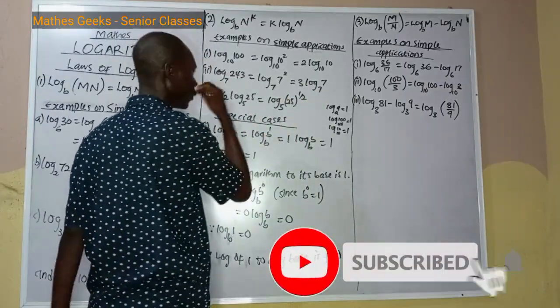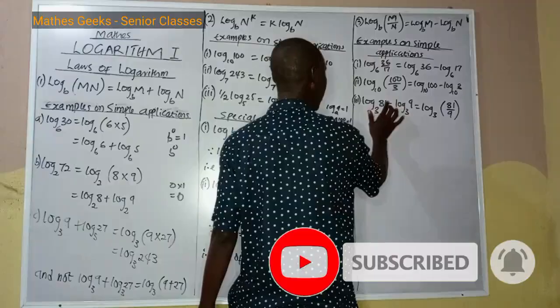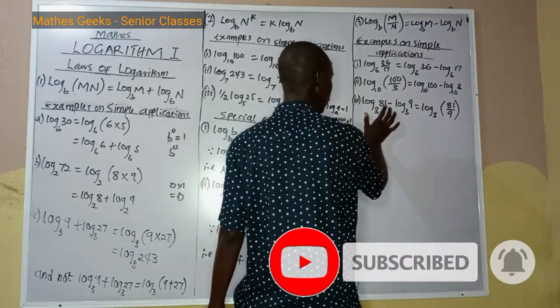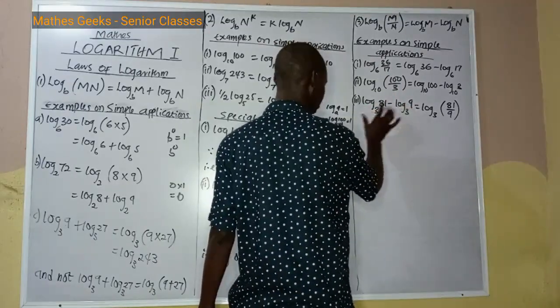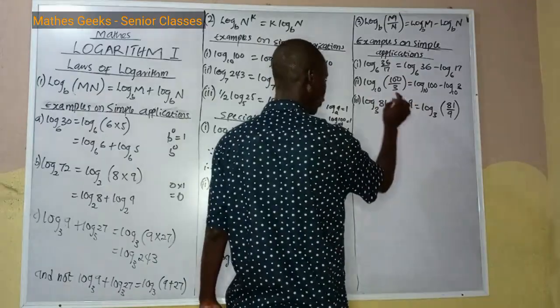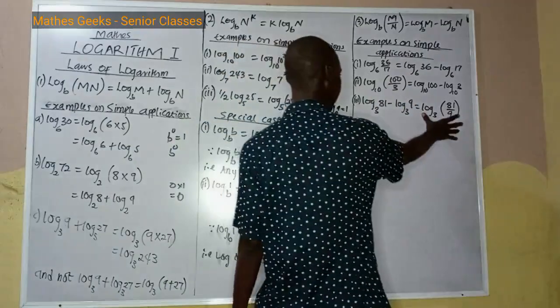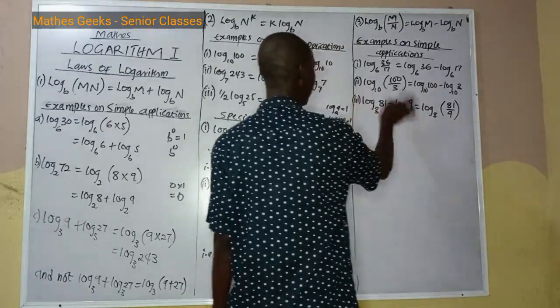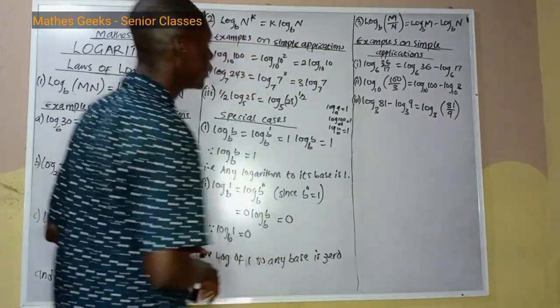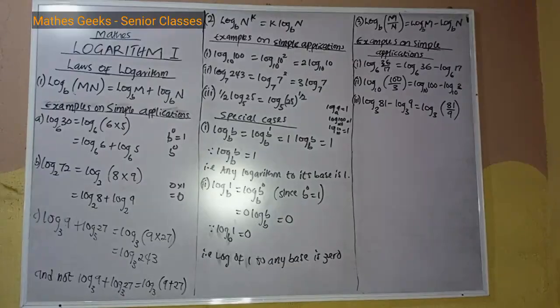So both of them are equal. Same thing here. Once you see subtraction like this, log 81, or it could be log anything, with subtraction between the two expressions, you can express it in this way. So both of them are equal. With these laws, we are going to proceed to taking examples on logarithm 1.